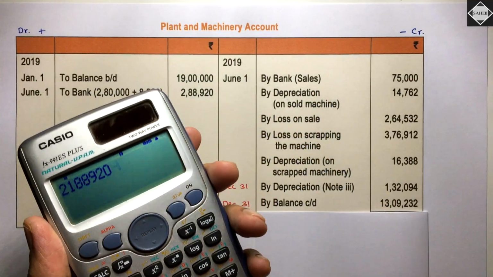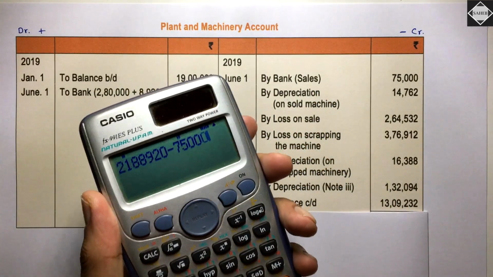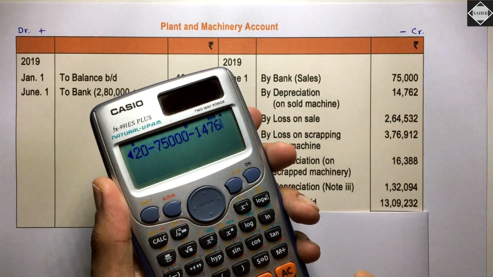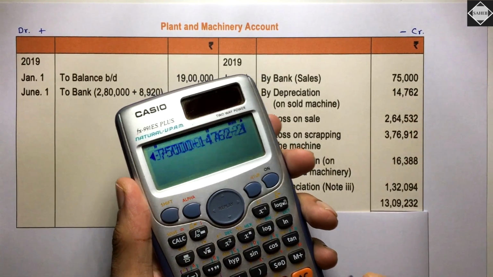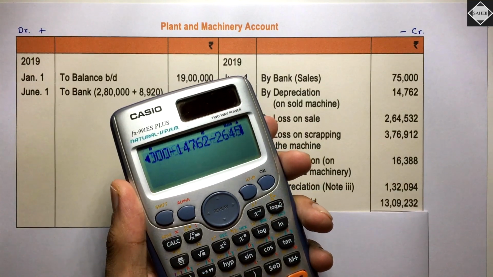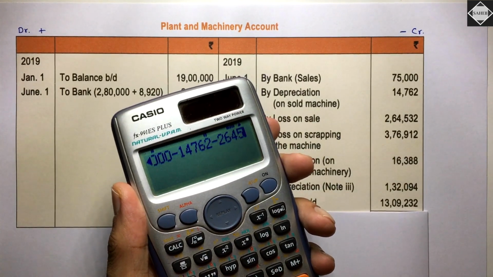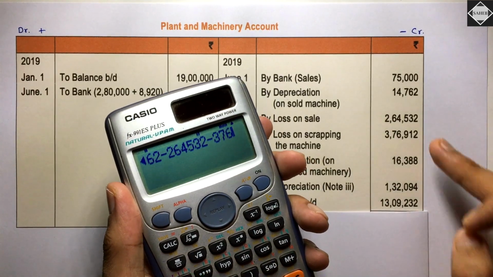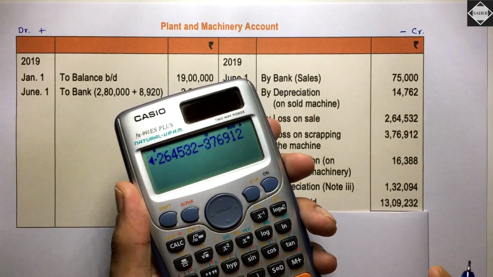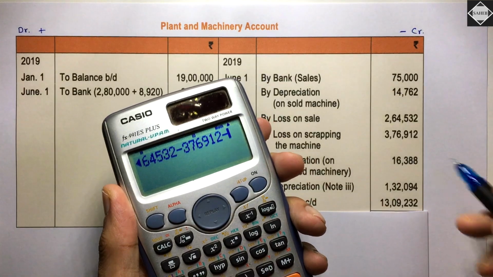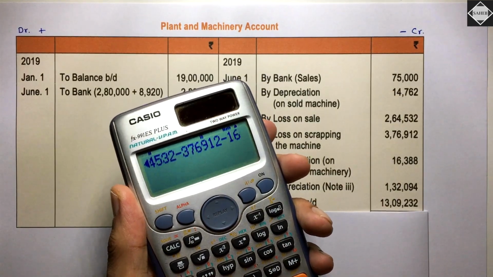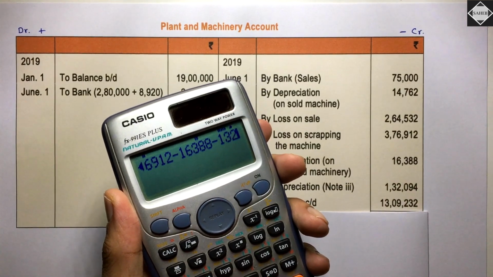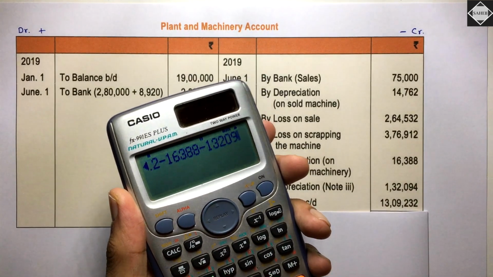Yeah. Minus 75,000, minus 14,762, minus 2,64,532, minus 3,76,912, minus 16,388, minus 1,32,094 rupees.